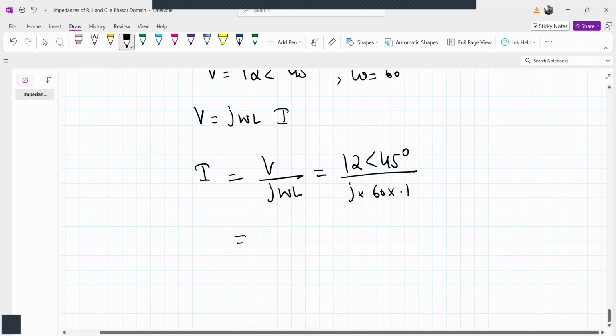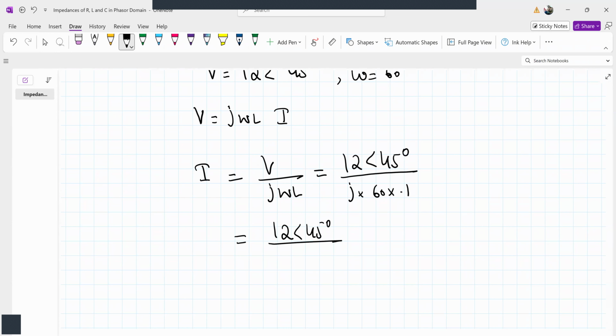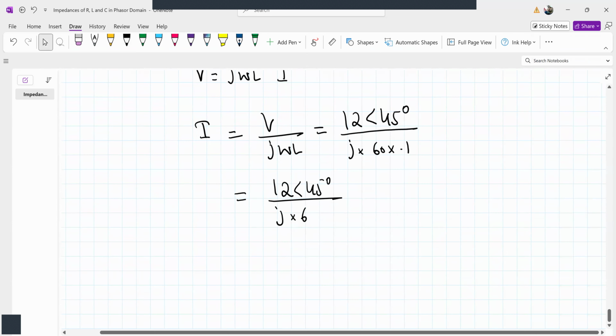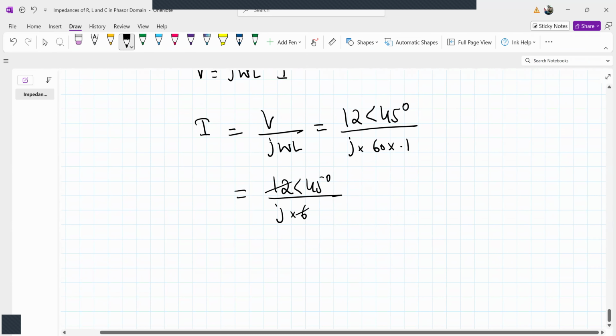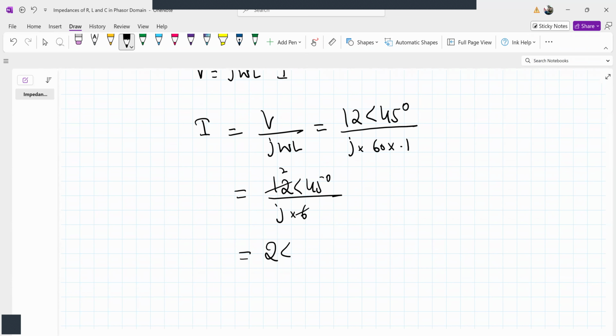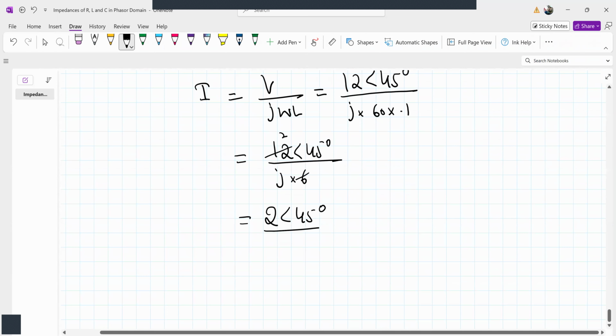Okay, so 12 at an angle of 45 degrees by j multiplied by 6. 60 multiplied by 0.1 is 6. Now 12 divided by 6 is 2. So we can write it as 2 at an angle of 45 degrees divided by j.